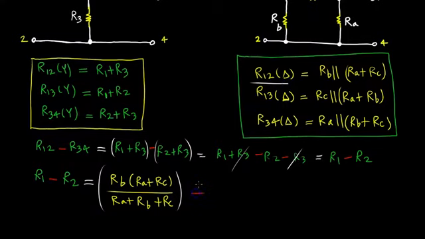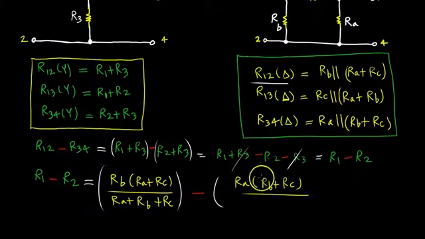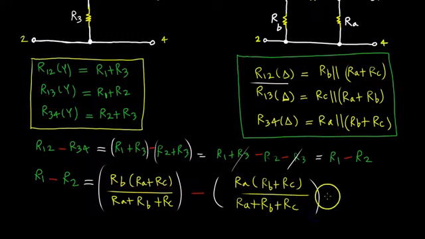We're going to subtract R34 from it, which is going to be RA times RB plus RC, over RA plus RB plus RC. I'm simply combining these in parallel instead of having a parallel symbol. I'm just going to do the actual parallel combination. If you don't recall this, you should go back to the previous lecture and review it so that it makes sense what's going on.